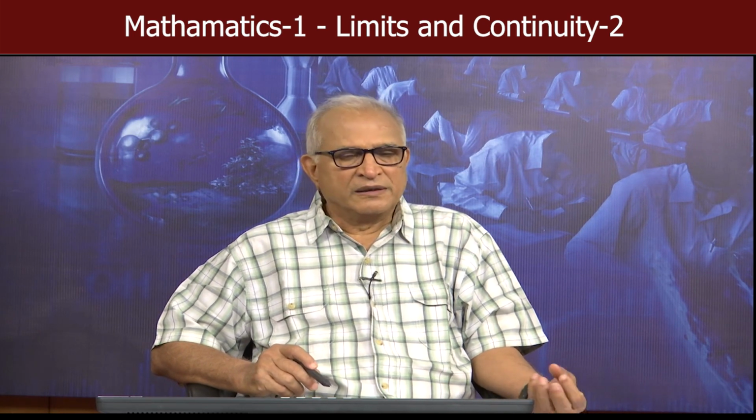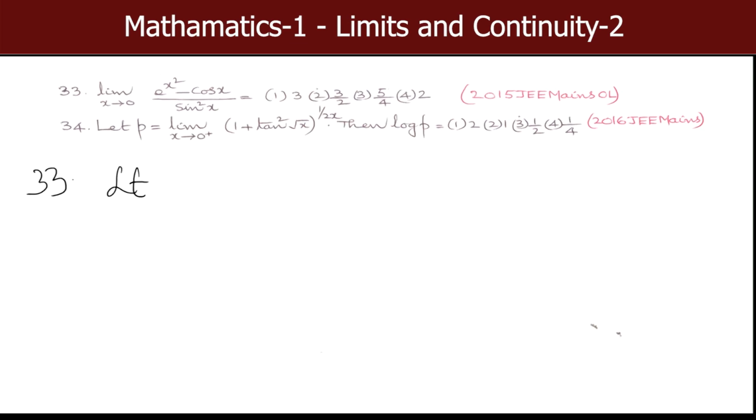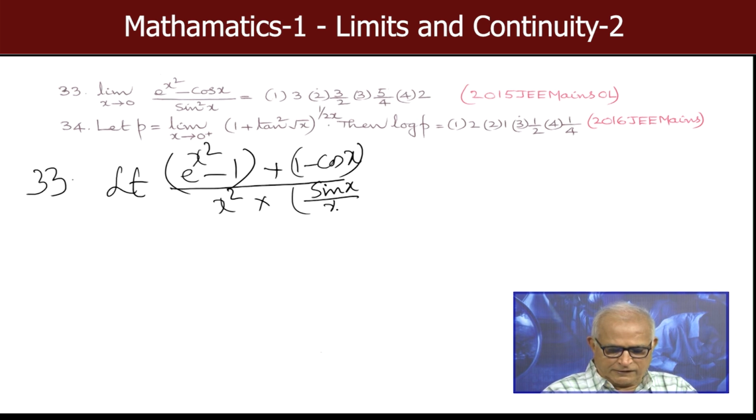So, that sometimes plays havoc. You may be wasting time. Here you see the idea here is e power x square minus 1 plus 1 minus cos x by sin square x, x square into sin x by x whole square. Okay?